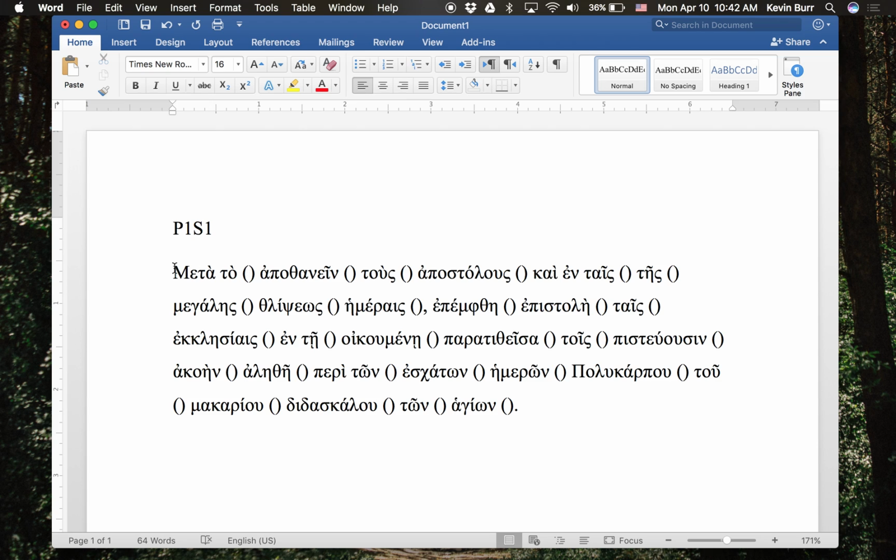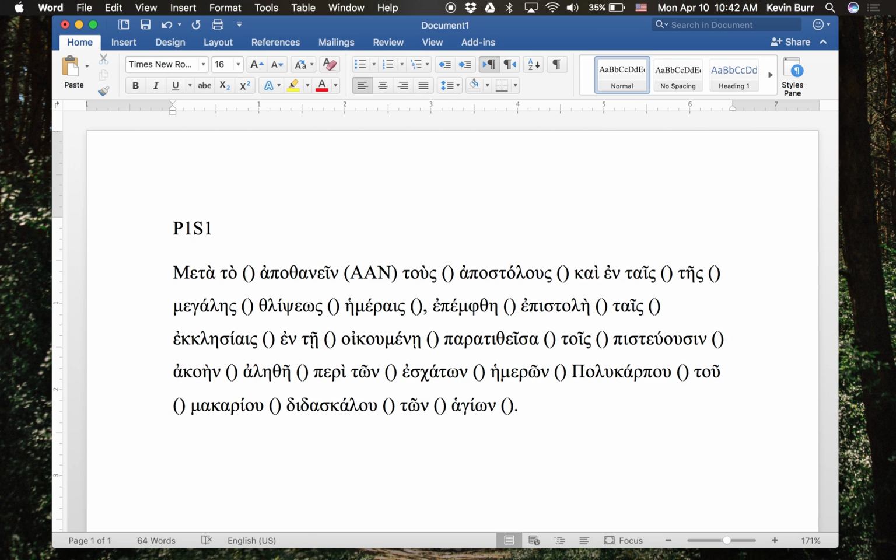So this first phrase here, meta to apothanein, I immediately recognize as an infinitive, and I know that the lexical form is apothnesko. I see that this is slightly different, so what I'm dealing with is an aorist active infinitive.